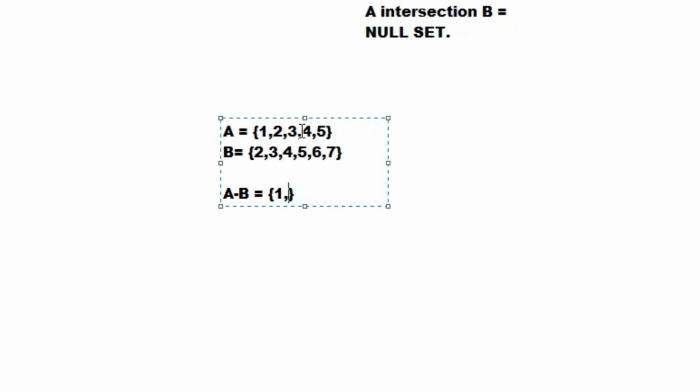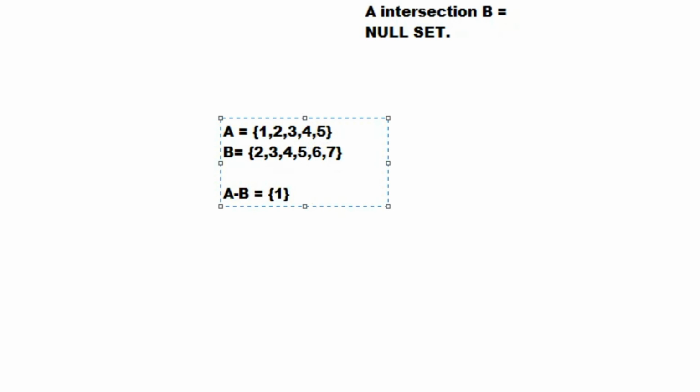Here 3 is present in A, 3 is present in B, so we will not write it. Here 4 is present in A and 4 is present in B, so we will not write that. 5 is present in A and also in B, so we will not write it. And 6 and 7, we will not include them in the final set, we will just include 1.